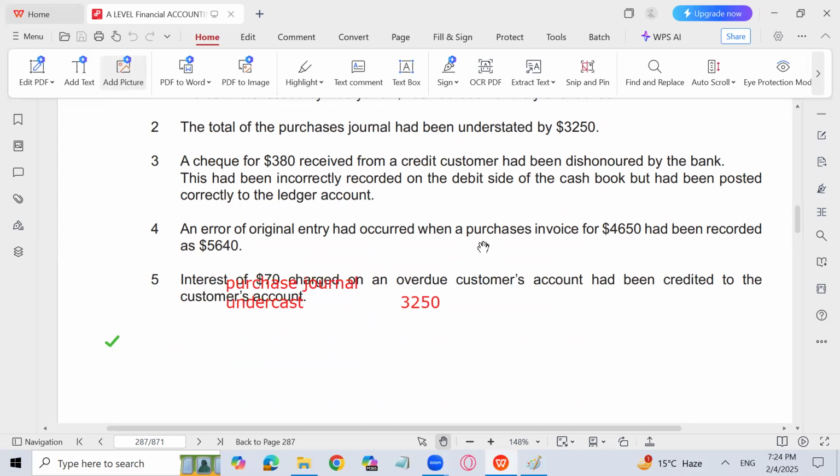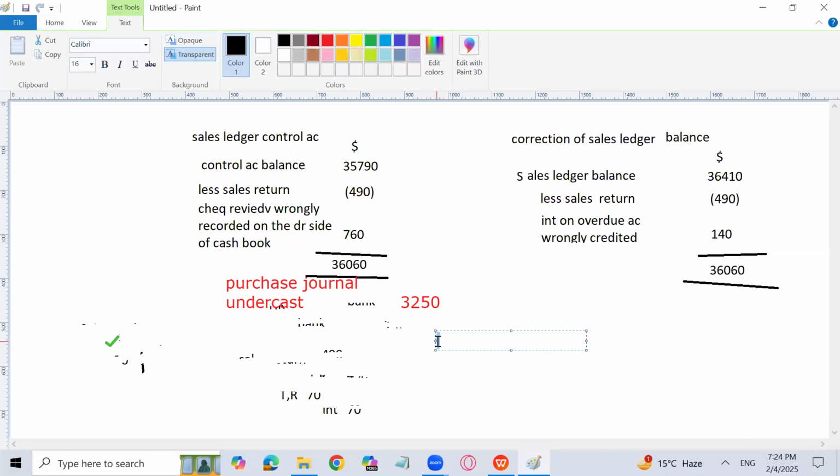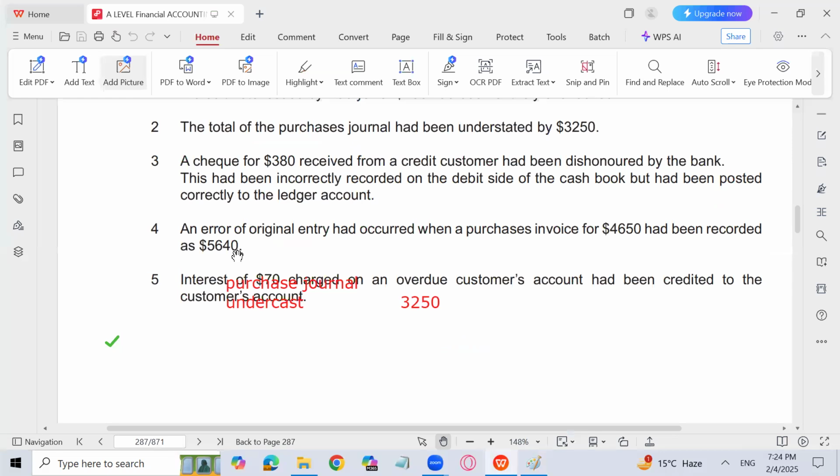So we have to pass the entry purchases 4650, trade payable credit 4650. But instead of writing this, I have passed the entry with 5640.